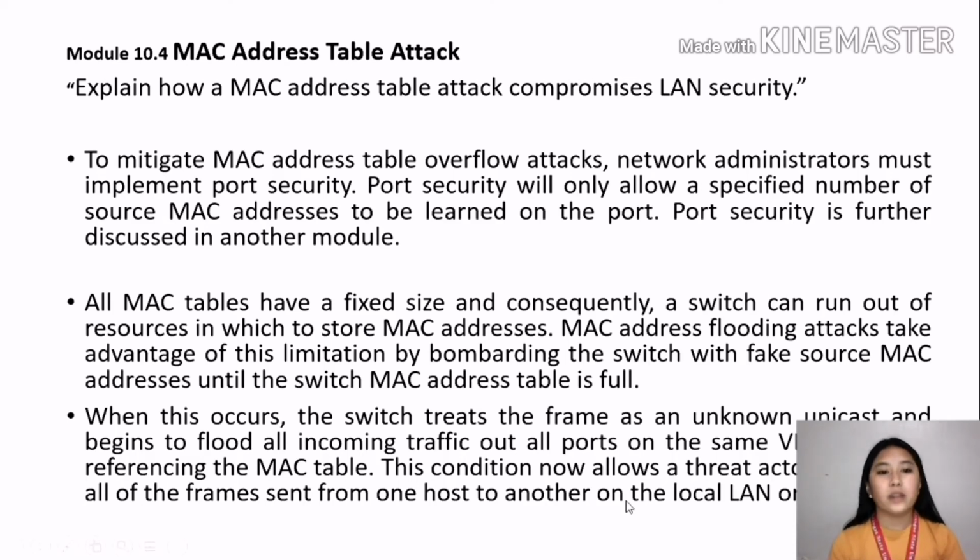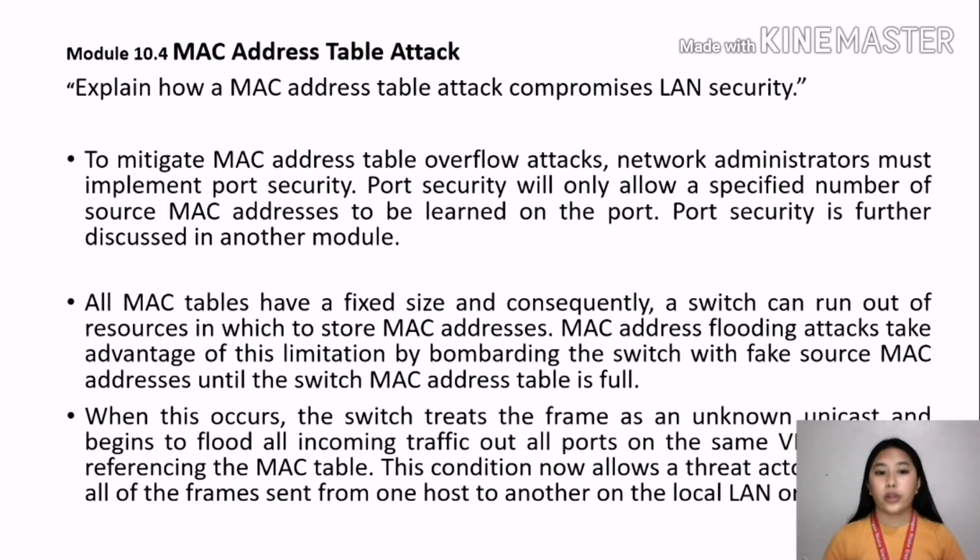All MAC tables have a fixed size and consequently, a switch can run out of resources in which to store MAC addresses. MAC address flooding attacks take advantage of this limitation by bombarding the switch with fake source MAC addresses until the switch MAC address table is full.